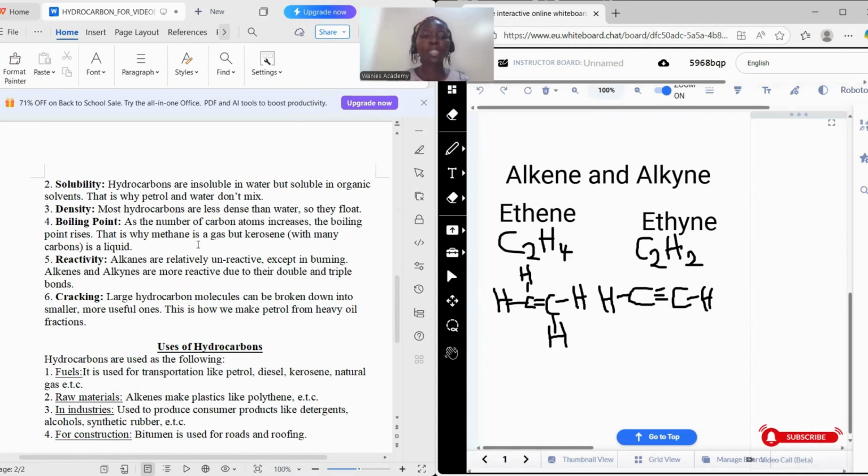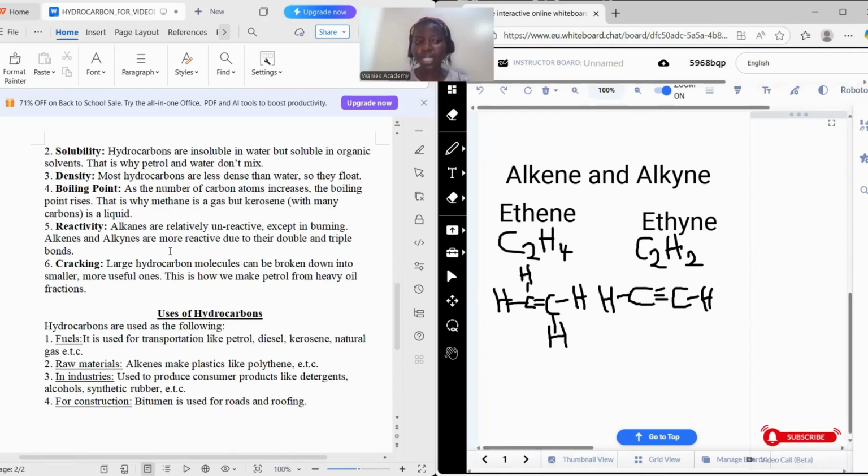The boiling point: as the number of carbon atoms increases, the boiling point also rises. That is why methane is a gas, but kerosene with many carbons is a liquid, or your petrol is a liquid. So the higher the carbon atoms, the higher the chain length, the higher the boiling point. The reactivity as well. Alkanes are relatively unreactive, except in burning.